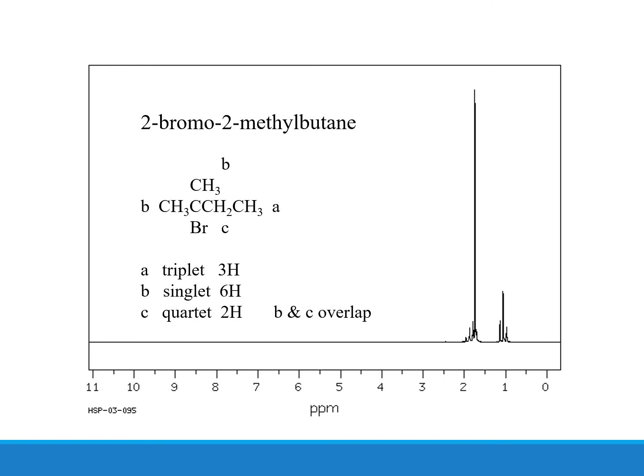But the important thing is, we can see that we have 3 different environments which we supposed to have 3 different peaks. However, because of their close impact to the electronegativity from the bromine, 2 of the peaks are overlapped, and literally we will have 2 peaks.